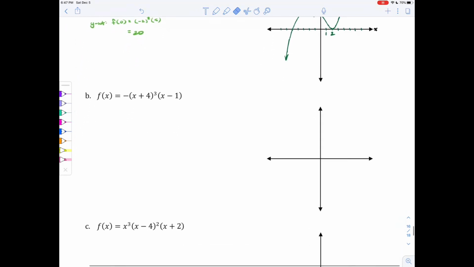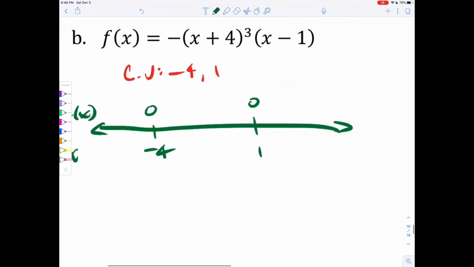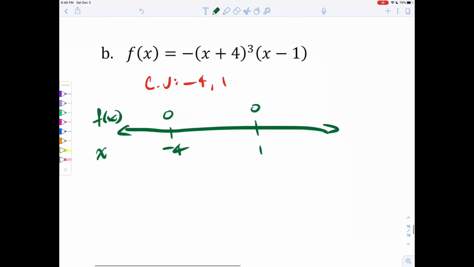And my critical values in this case are negative 4 and 1. Negative 4 and 1, and that's for x versus f of x. This whole thing is going to end negative, okay? And then over 1, it's going to switch because of that odd degree.